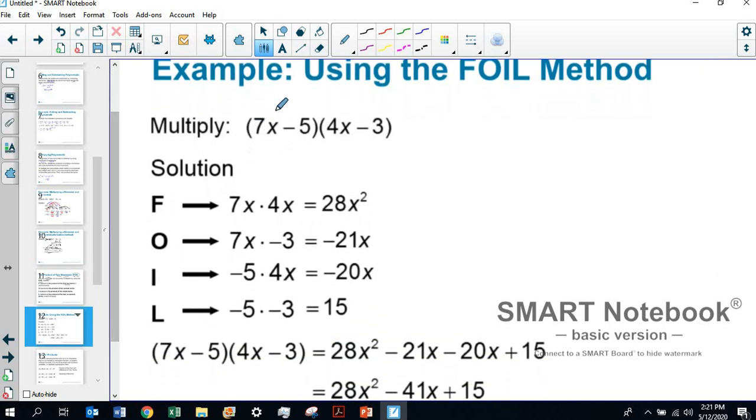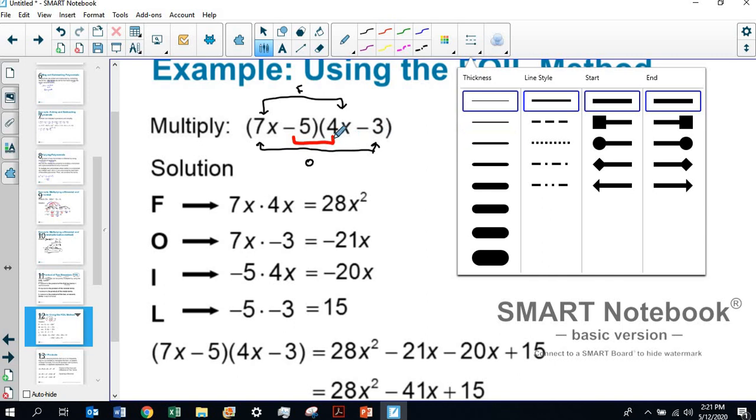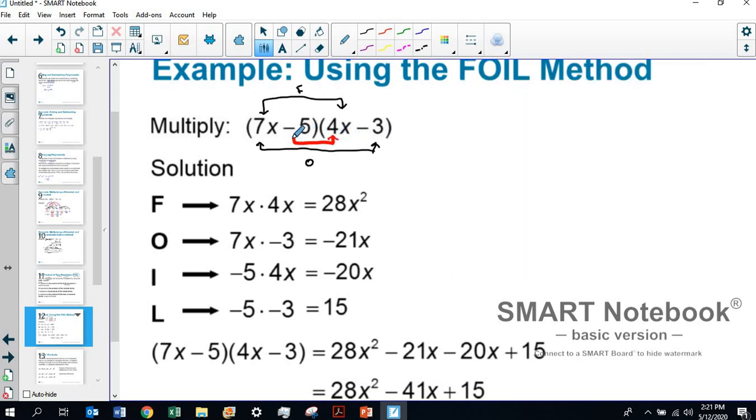You multiply the first two terms. FOIL first is 7x times 4x. That's the first two terms, and you see right here, that's what you get. Then you do the outside terms. Here's the O, for the outside terms. And then you have the inside terms. Make sure you take care of the signs with those guys. Here's the inside terms.